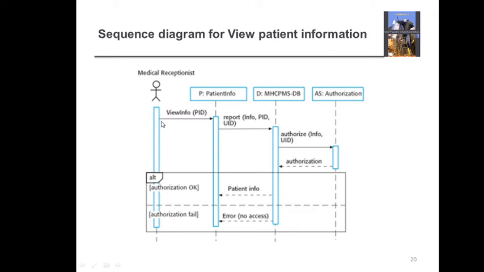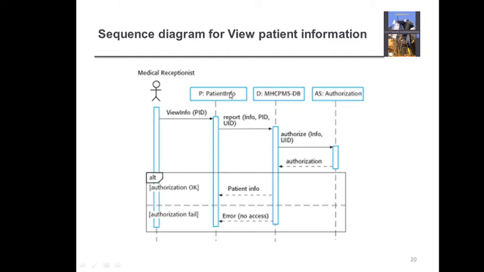So let's start with the process now. This medical receptionist sends a request to view the information of this patient, that is, the patient ID is given here as an attribute. So view information is the command, while PID is the attribute that is being passed in the brackets. So we request the Patient Info class that I want to view this information, and the patient ID is given.